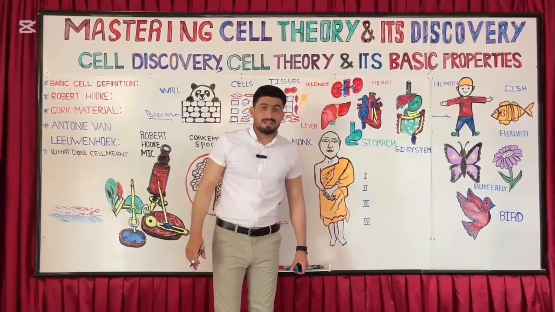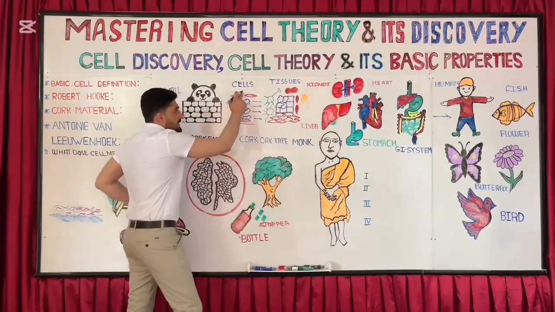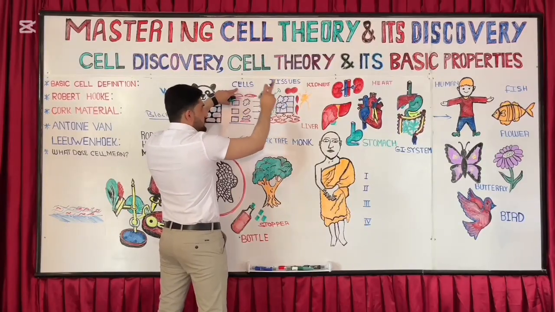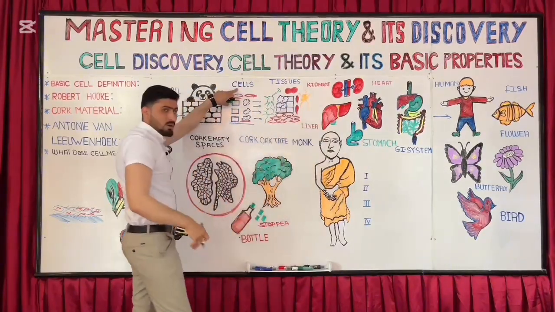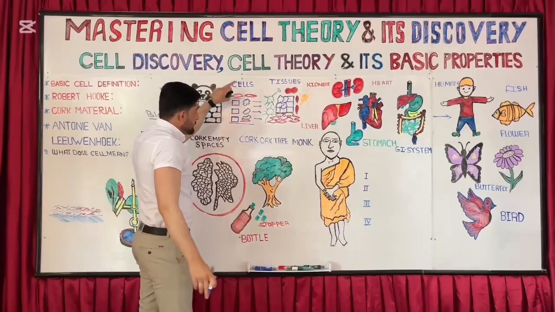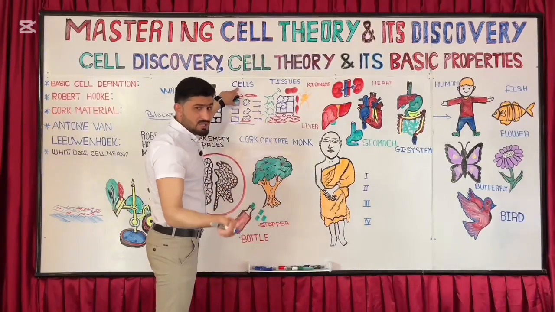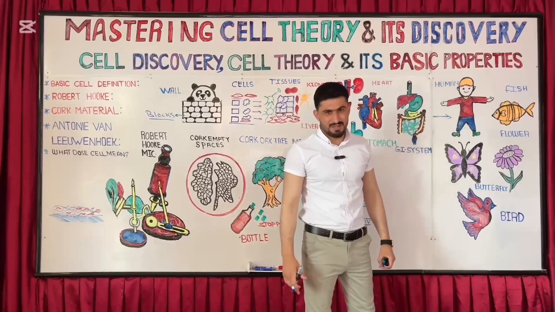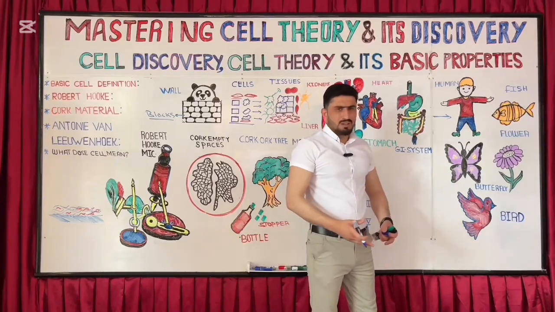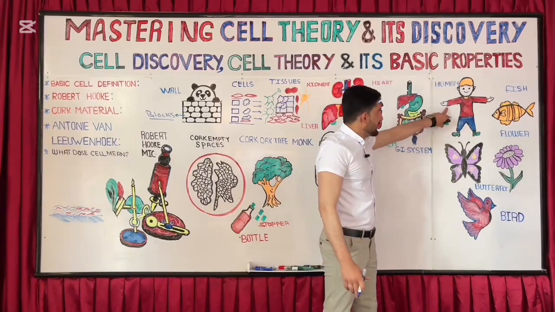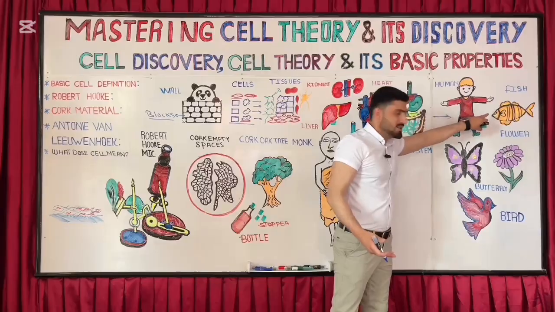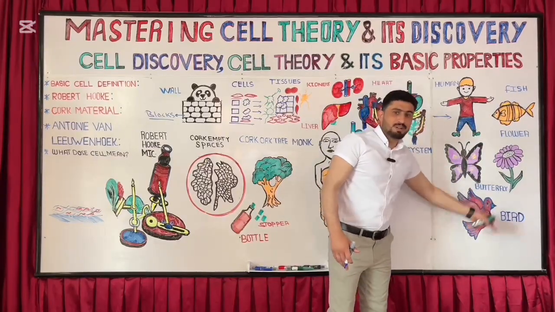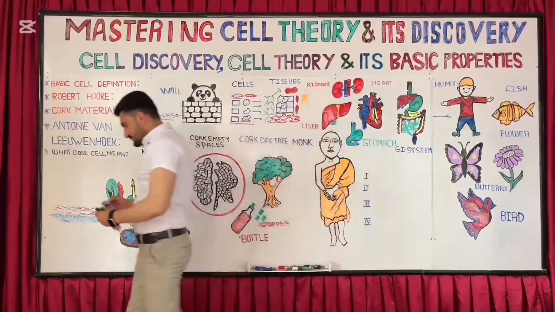That's why we define a cell as the basic structural and functional unit of living beings, or the smallest basic structural and functional unit of all living beings. Okay, when cells come together, we could make a human, a fish, a flower, a butterfly, birds, and so on.